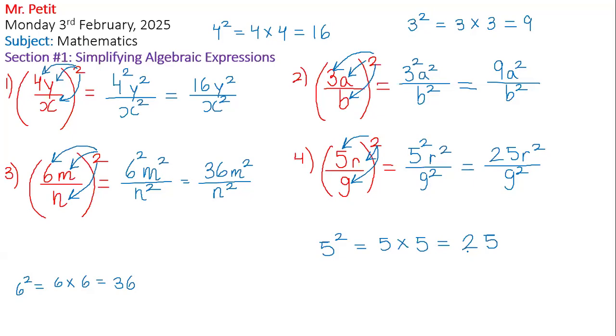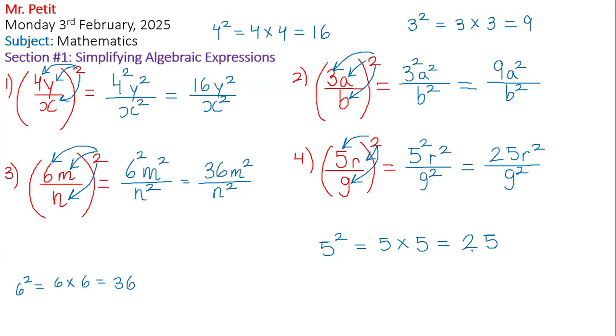So what we did was we took the 2, we applied it to the 5, we applied it to the R, we applied it to the G. So we have 5 squared, R squared, G squared. Again, put an I inside the chat if you understand, and an N if you do not.